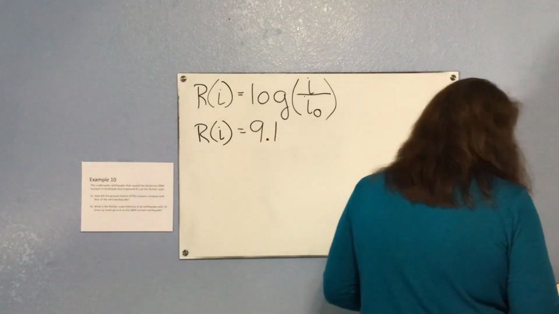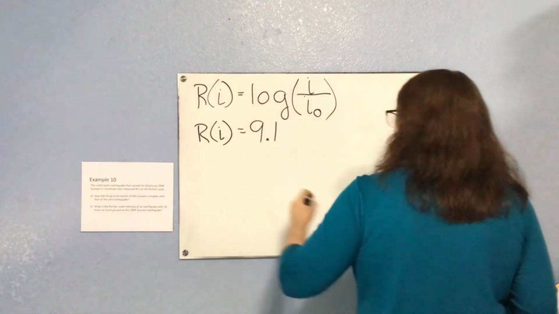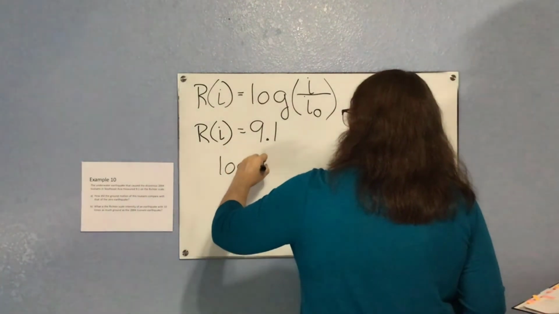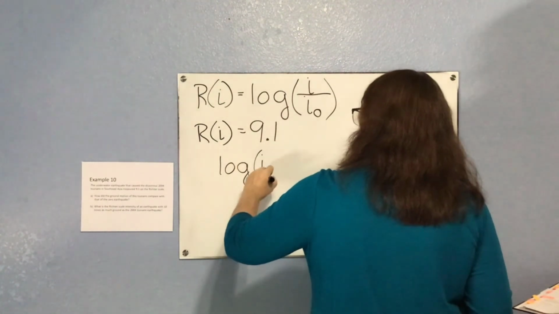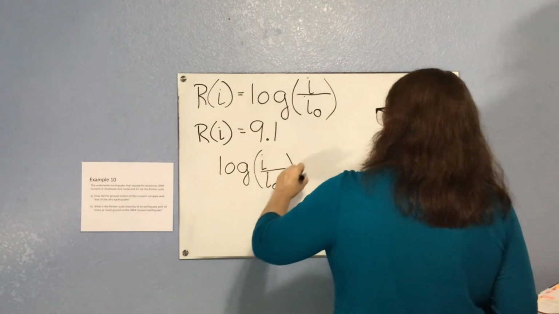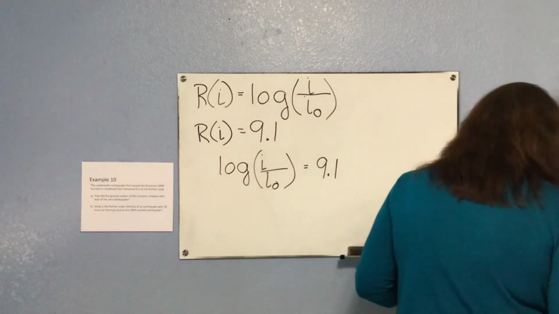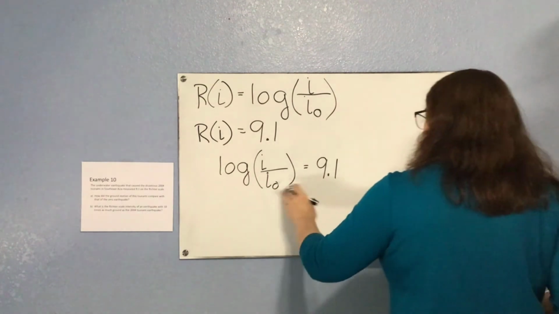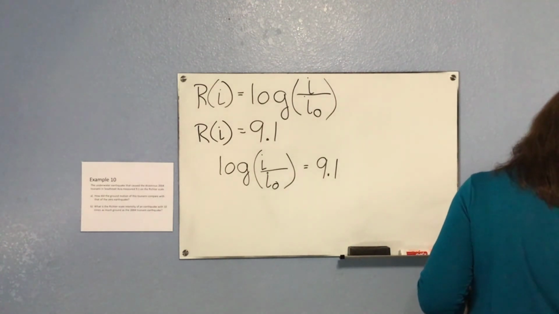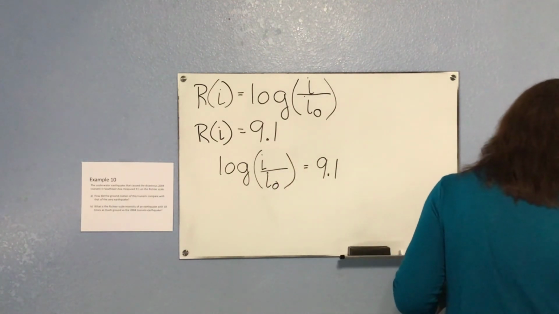That was the measurement. So we've got now the log of I over I sub 0 is equal to 9.1. By the definition of logarithms, 9.1 is the exponent to which 10 must be raised to produce this.